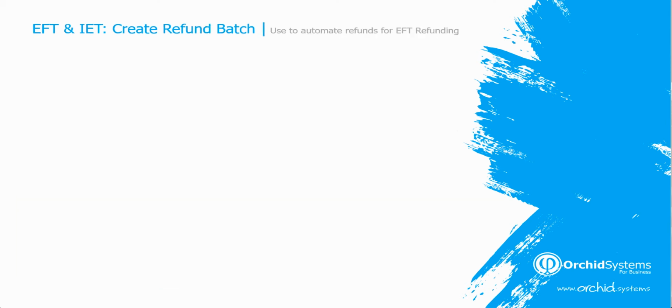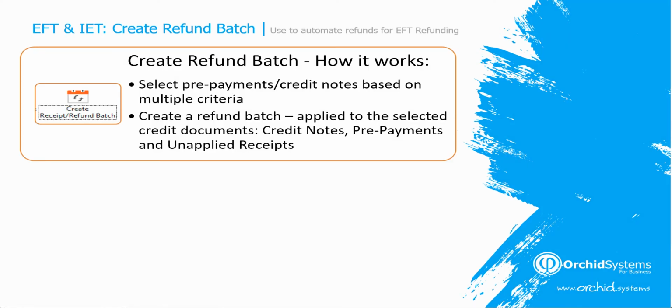We're now going to have a look at creating a refund batch to automate the process of refunding customers. The way Create Refund Batch works is to select any prepayments or credit notes, so any credit balances which have not been applied to invoices, and then create a refund batch to that value.